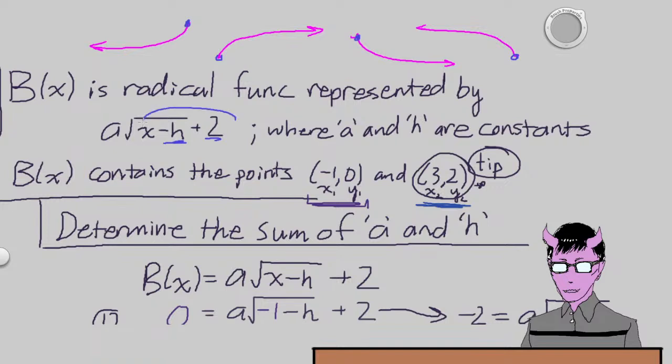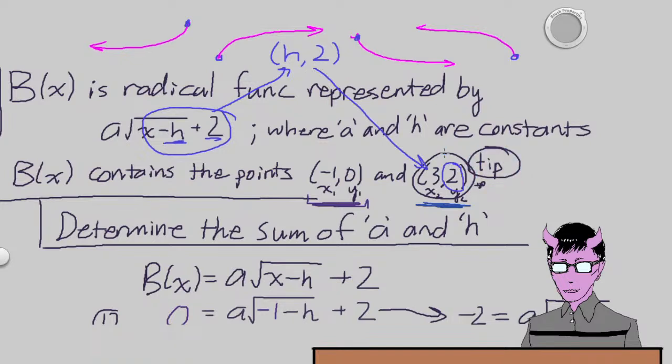Which means what? Which means that extracting it from here directly, the tip should be negative h comma 2. Right? I'm sorry. No negative h. It's just positive h. So positive h comma 2. And that one is already given an output of 2.